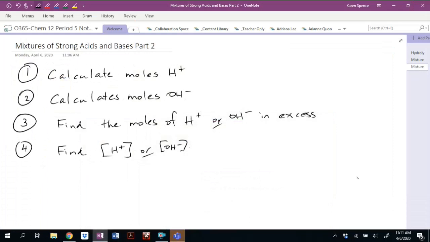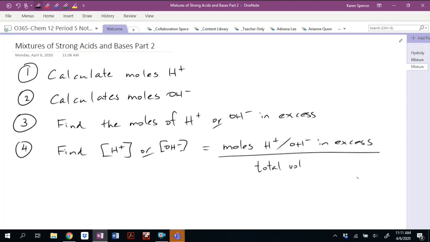Or the concentration of OH- by taking the moles of H+ or OH- which were in excess, and dividing by the total volume of the mixture.